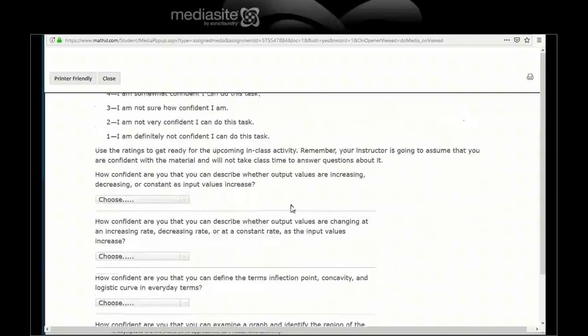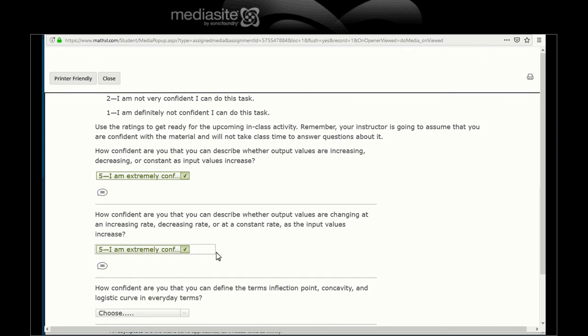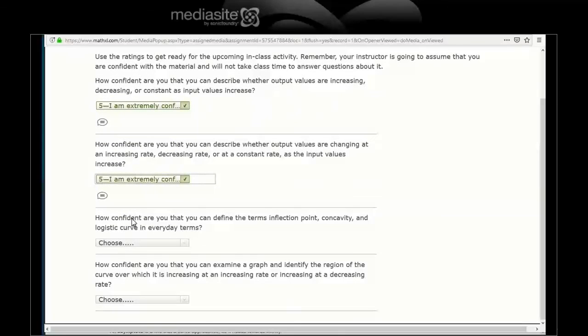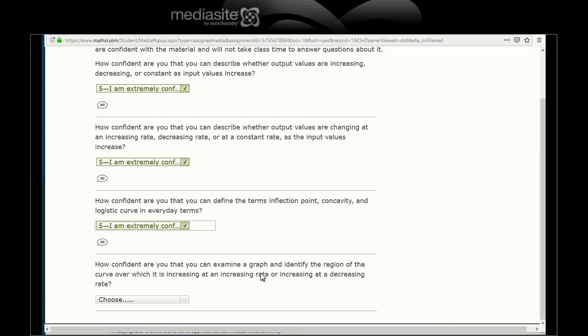So how confident are you that you can describe whether output values are increasing, decreasing, or constant? I'm extremely confident. Changing at an increasing rate, going up faster and faster, going up but not as fast, still going up but less fast, or a constant rate. Yes. Look at a logistic curve and see the inflection point and the concavity in everyday terms, increasing or decreasing.